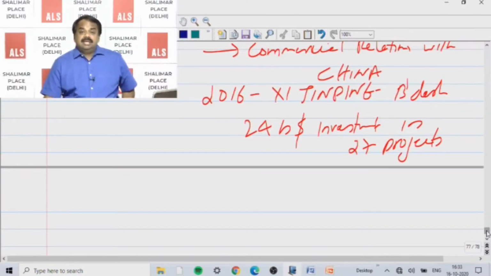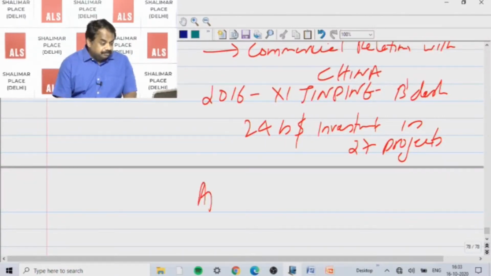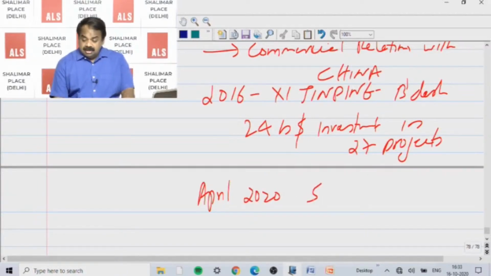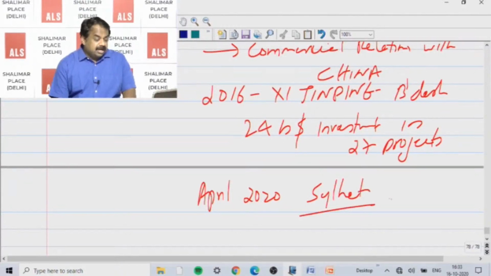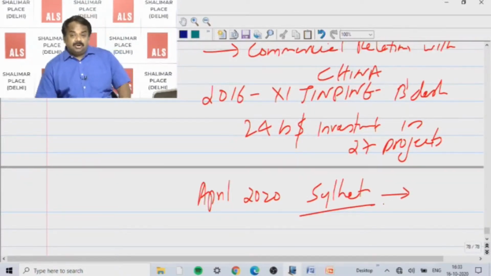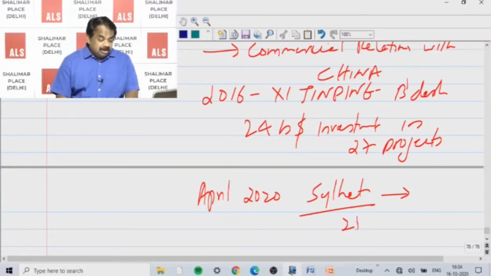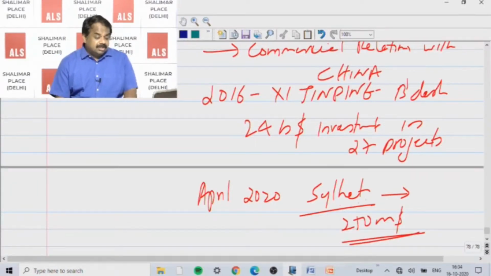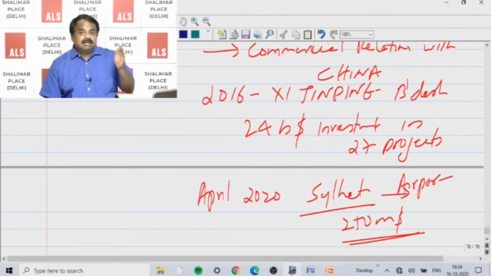So definitely the financial involvement is increasing, and also in April 2020, in the Sylhet airport project, L&T lost the bid. It was a $250 million project. L&T was one of the main contenders. L&T lost to a Chinese company, and alarm bells were ringing in Delhi naturally.